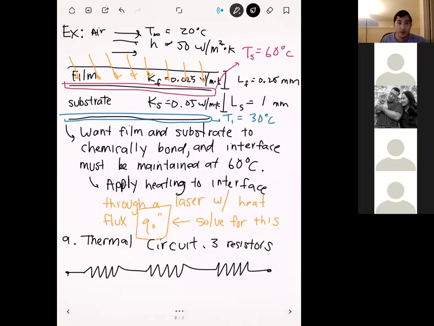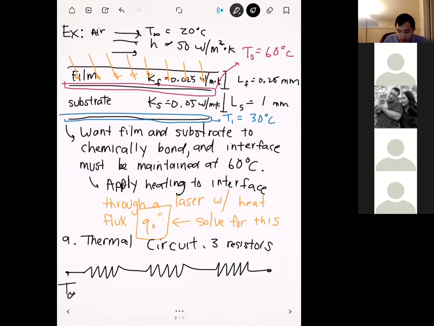When you're doing these thermal resistance problems, whenever you have a solid material, you can use one resistor to model that. And remember that whenever you have convection cooling, you need to have a resistor to model that as well. The next thing we need to do on this circuit is to label the temperatures at the endpoints.